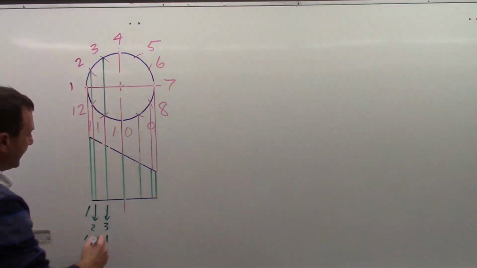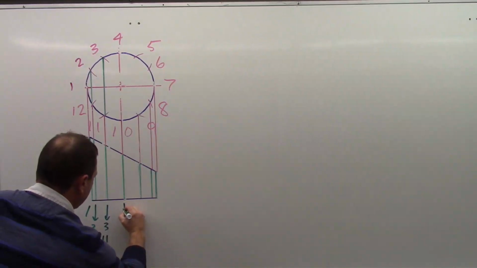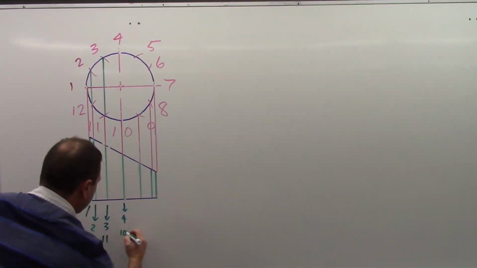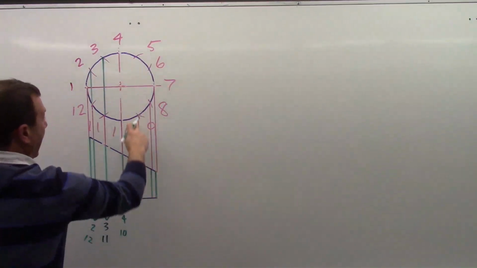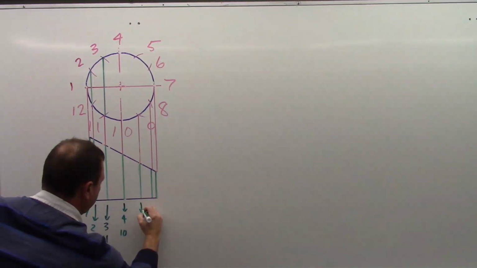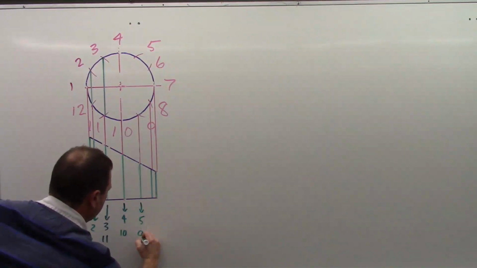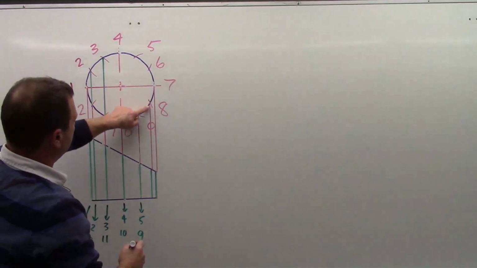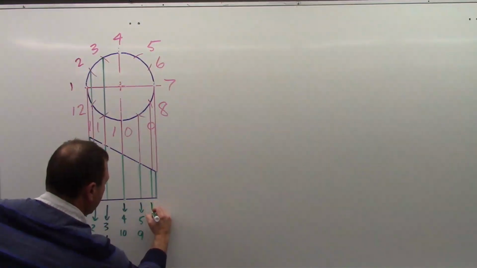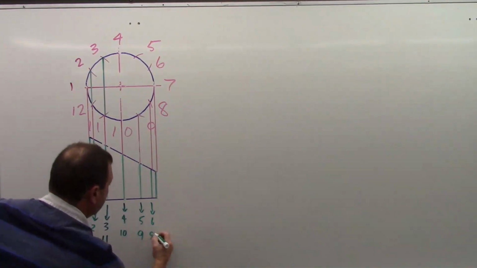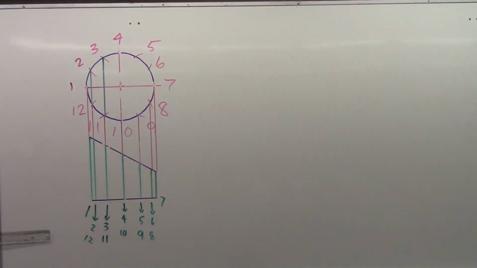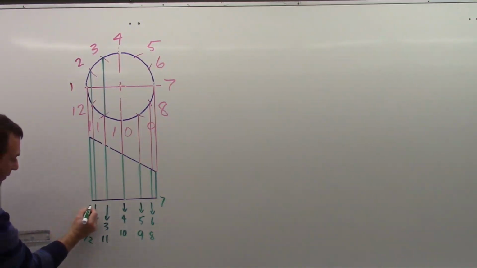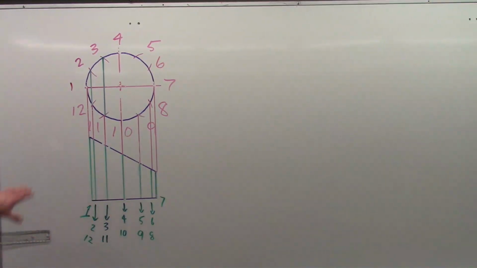And so on. 4 and 10 are lined up vertically. 5 and 9 are lined up vertically. 6 and 8 are lined up vertically, and 7 on the outside. So now we can call our elevation view complete. We have our full plan complete with labeling.